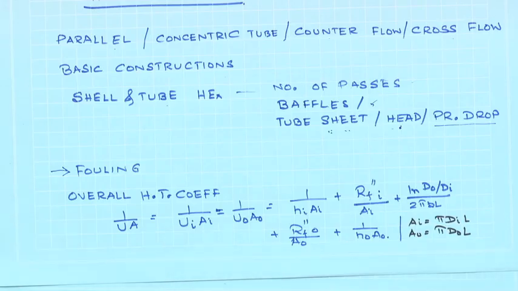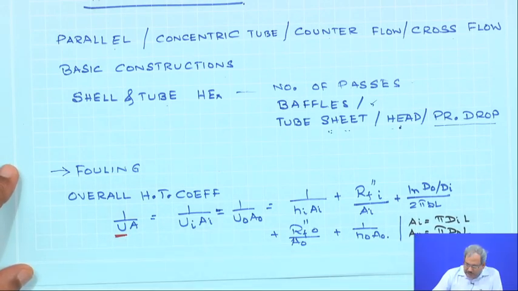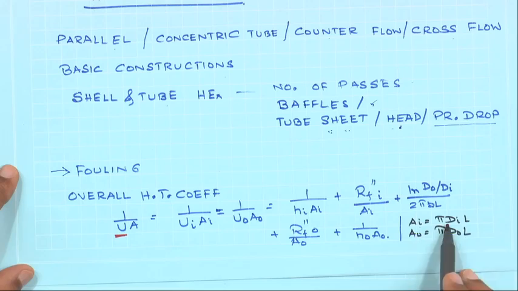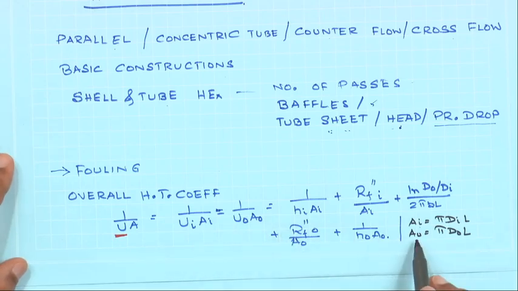So, if you look over here, this 1 by UA, this U is the overall heat transfer coefficient, which you can define based on the inside area A_i, where A_i is pi D_i L, or you can express it in terms of an external area, where A_o is simply pi D_o L. So, these two are the inside surface area of the tube and the outside surface area of the tube.